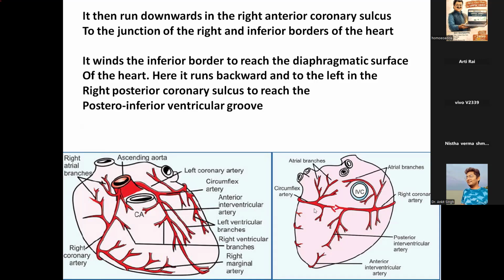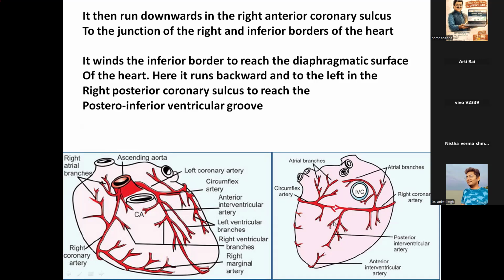So ये हो गया हमारा right posterior coronary sulcus. ये क्या था हमारा right anterior coronary sulcus. यहाँ क्या आ गया right posterior coronary sulcus. So पहले वो जाती है right anterior coronary sulcus में, then it winds up and goes on the posterior surface. Now it runs on the right posterior coronary sulcus to reach पोस्टेरो इंफीरियर वेंट्रिकुलर ग्रूव. ठीक है.